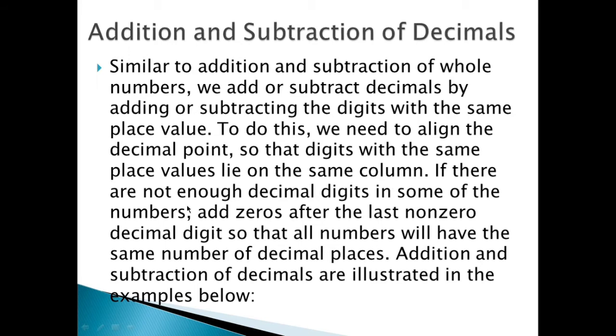So if there are not enough decimal digits in some of the numbers, add zeros after the last non-zero decimal digits so that all numbers will have the same number of decimal places. Addition and subtraction of decimals are illustrated in the example below.